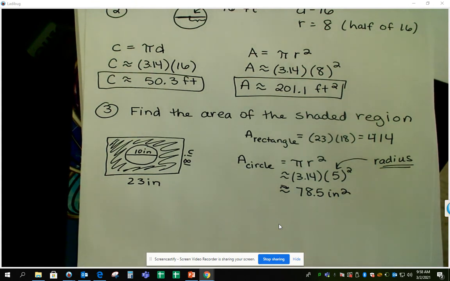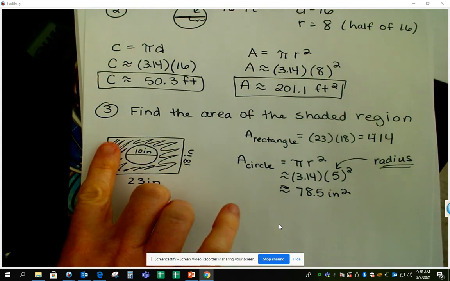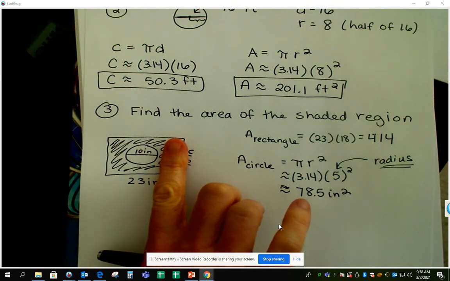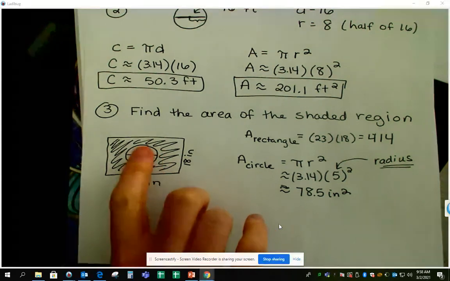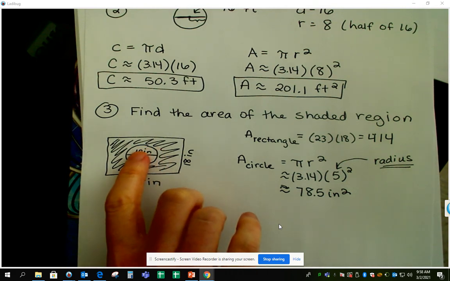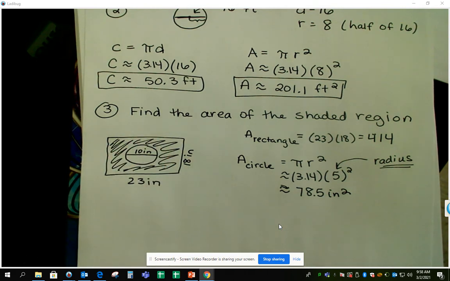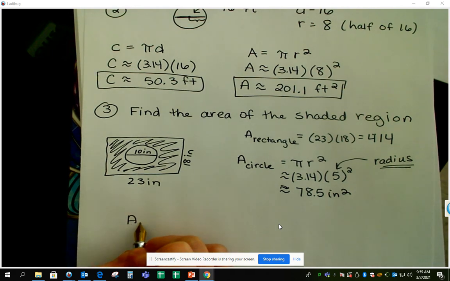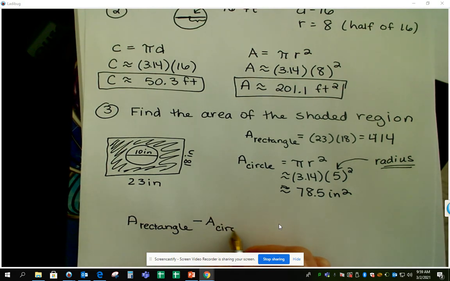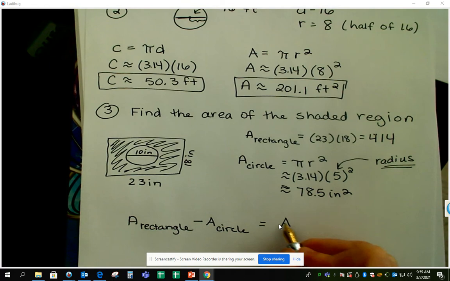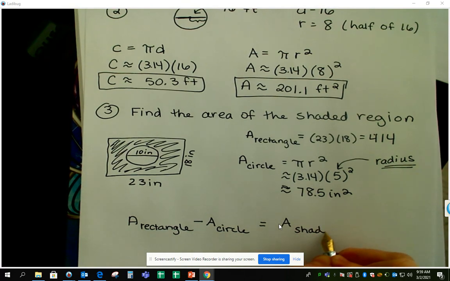Now, how do I find the shaded region? I know the area of the entire rectangle, and I know the area of the circle. So if I want the shaded region, I can just subtract out the circle, and whatever's left will be the shaded. So I'm going to do the area of the rectangle minus the area of the circle, and that will give me the area that is shaded.